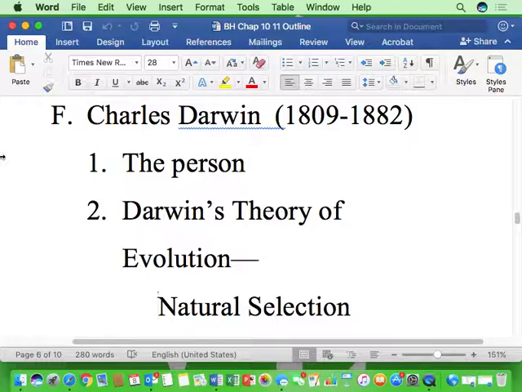So we said on Tuesday that really the key point of his theory of evolution is that evolution is driven by natural selection. So let's pull this all together into what natural selection means.